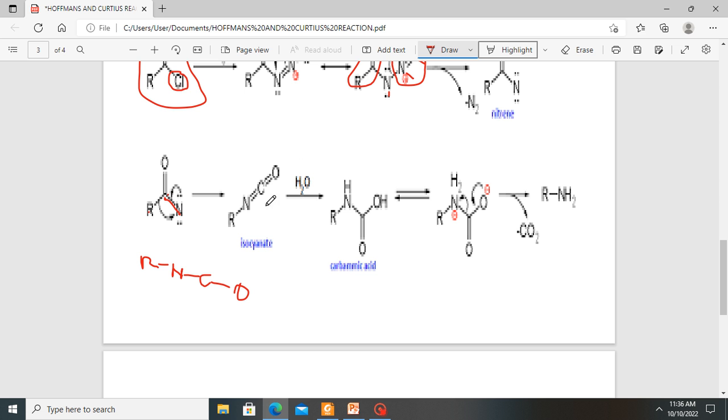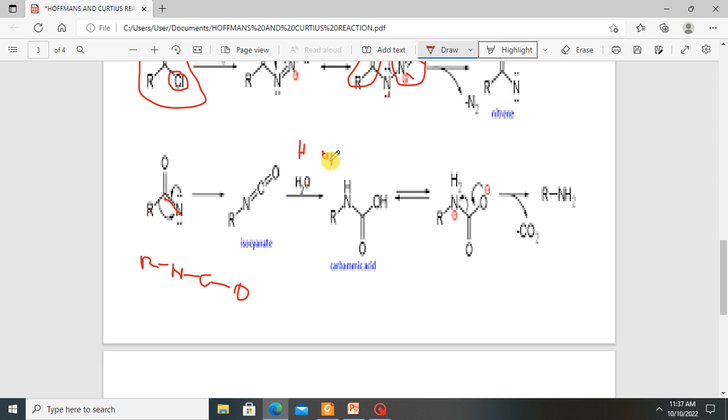When you hydrolyze isocyanate, the hydrogen attacks the nitrogen, then the hydroxy attacks the carbon. Water has two parts. It has hydrogen and a hydroxy.